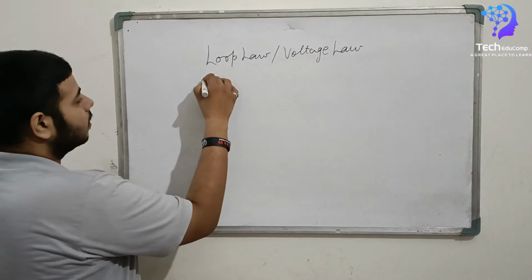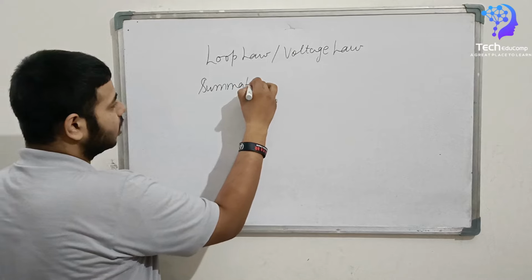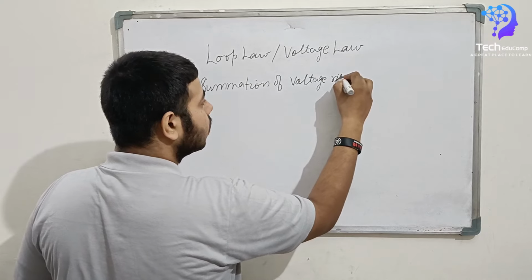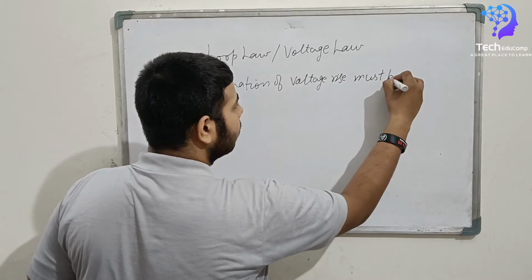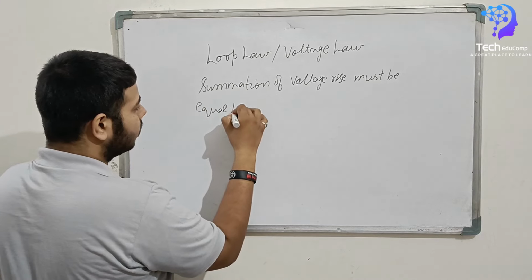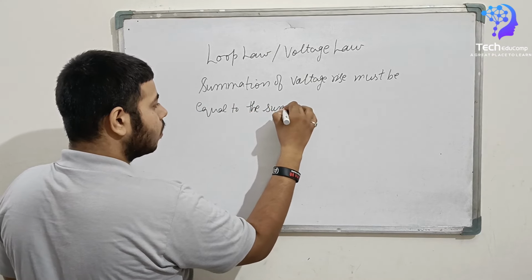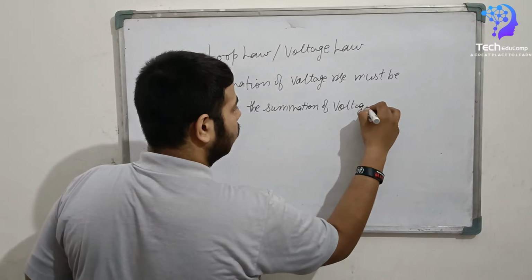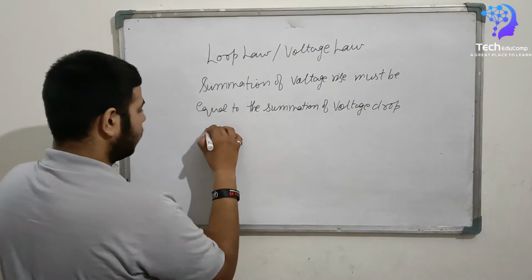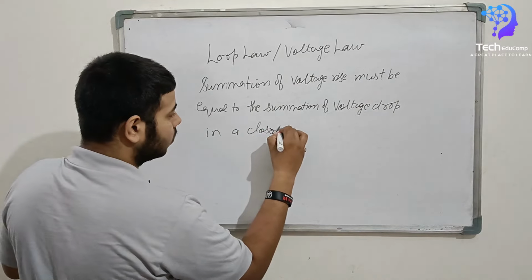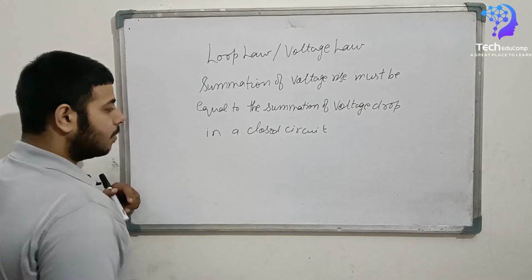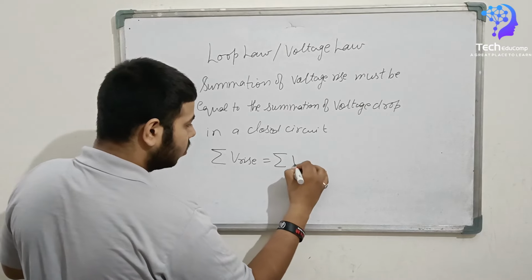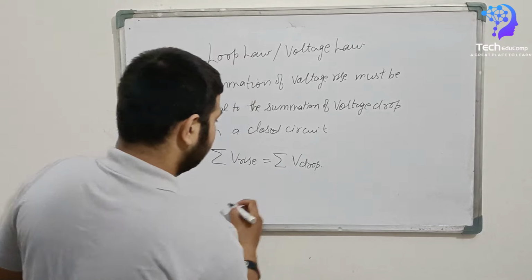It states that the summation of voltage rise must be equal to the summation of voltage drop in a closed circuit. Mathematically, the summation of voltage rise is equal to the summation of voltage drop. So this is the equation.